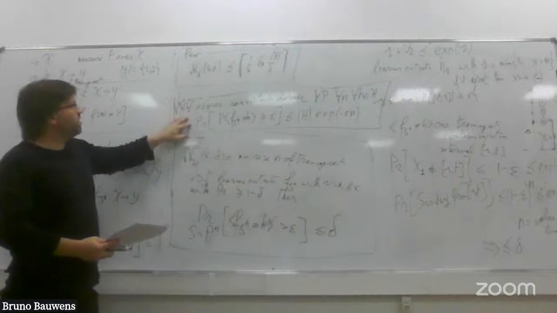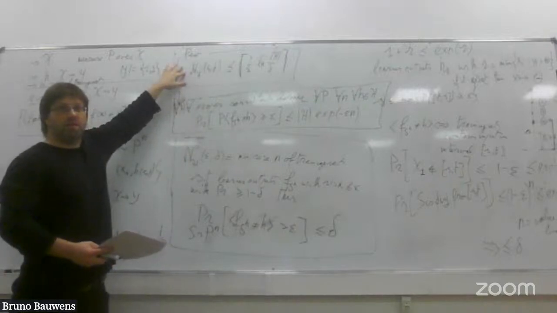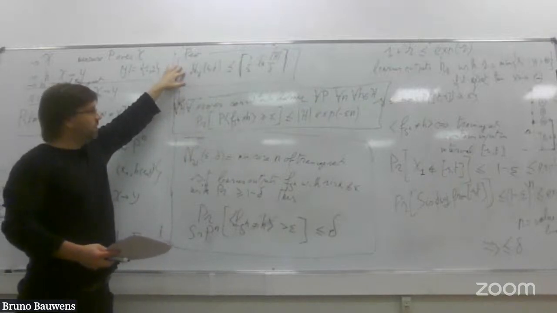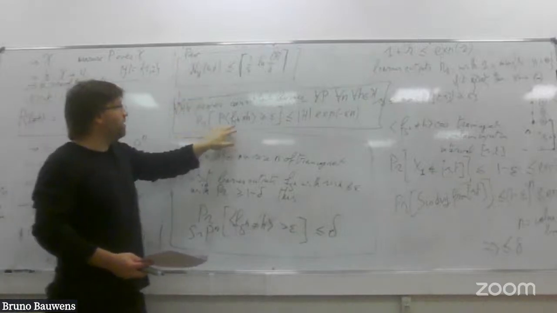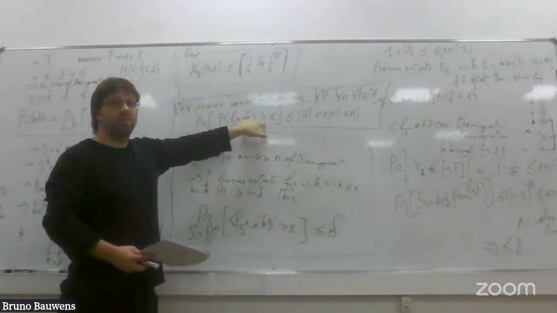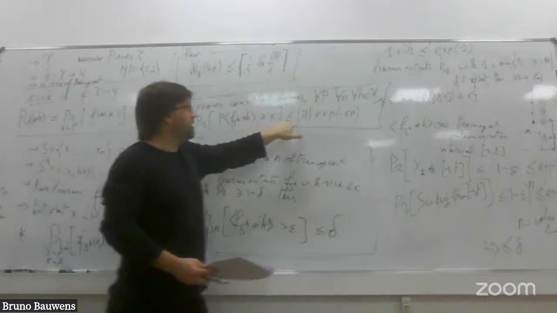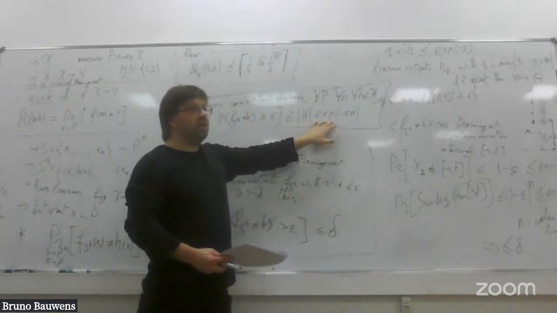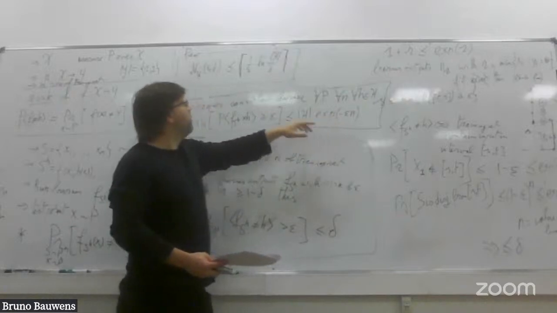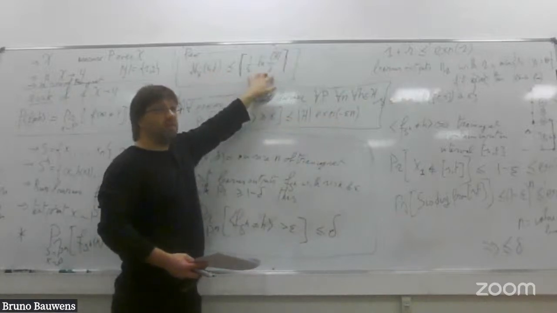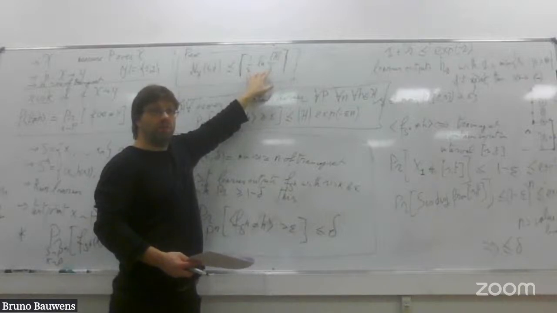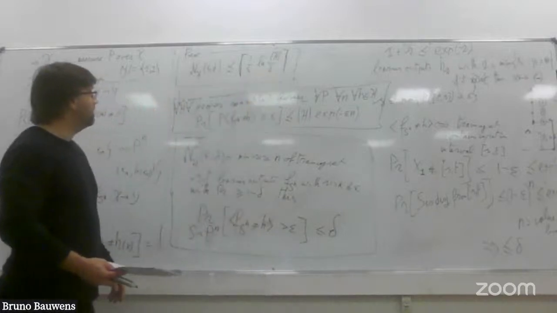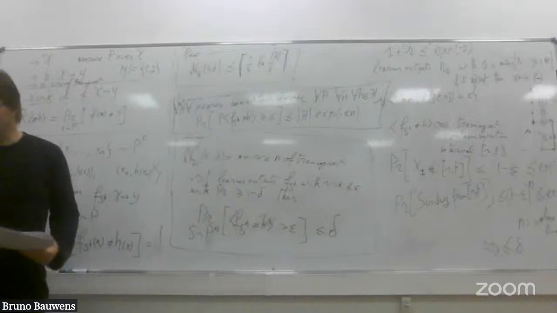So we will prove this, and this implies the lemma. So we say that the probability of outputting a high-risk classifier is at most this thing. So when we set this equal to delta, and then solve for n and round up to get an integer, we get this bound. Okay, so all we have to do is prove this lemma.